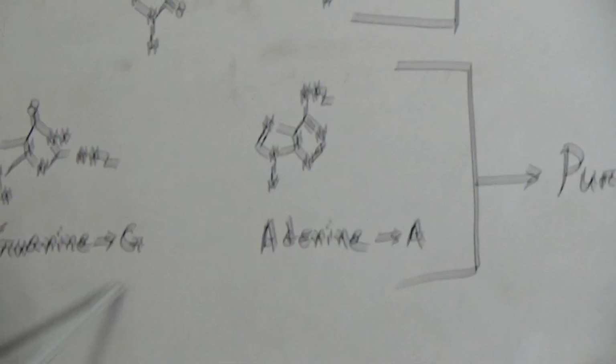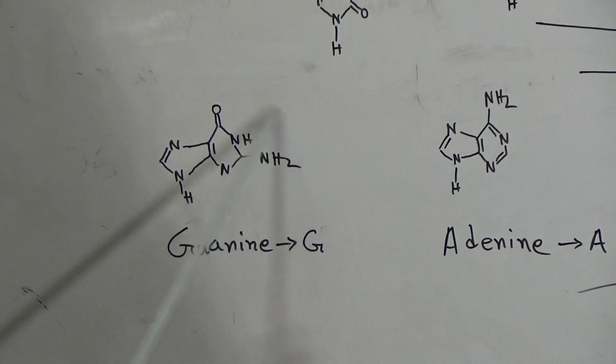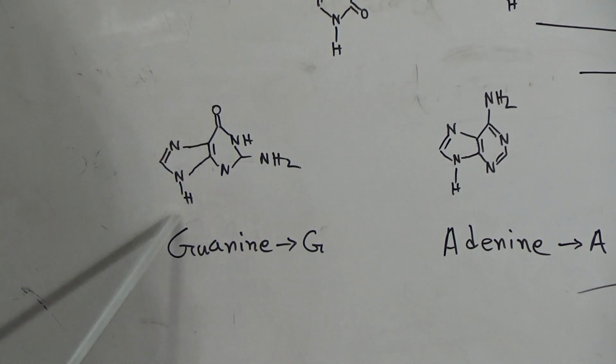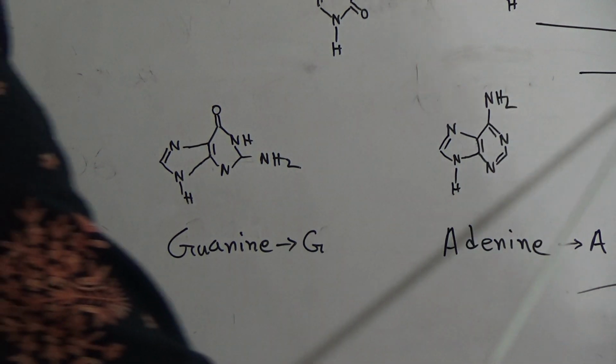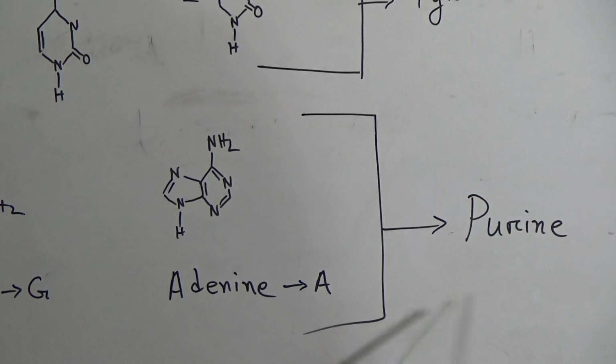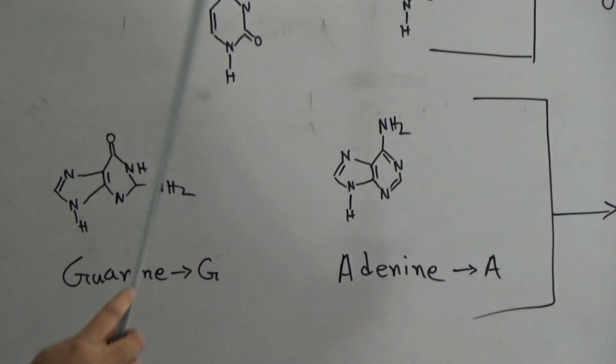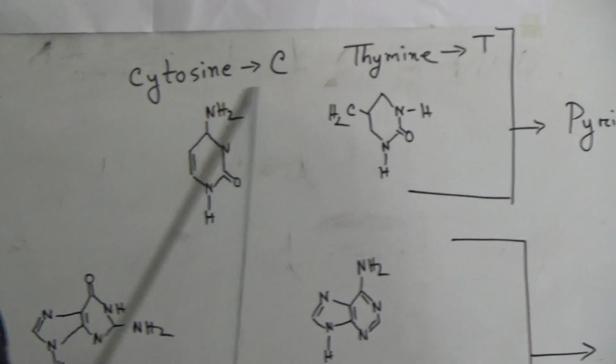And here is the guanine structure, and we can use capital G to express guanine. They are purine nitrogen bases, adenine and guanine. And here is cytosine.